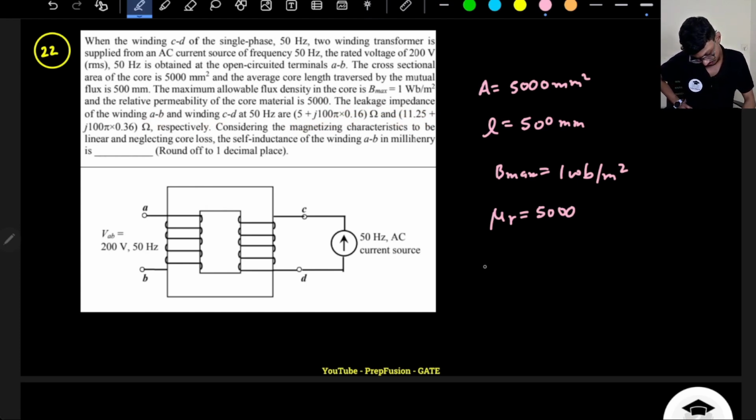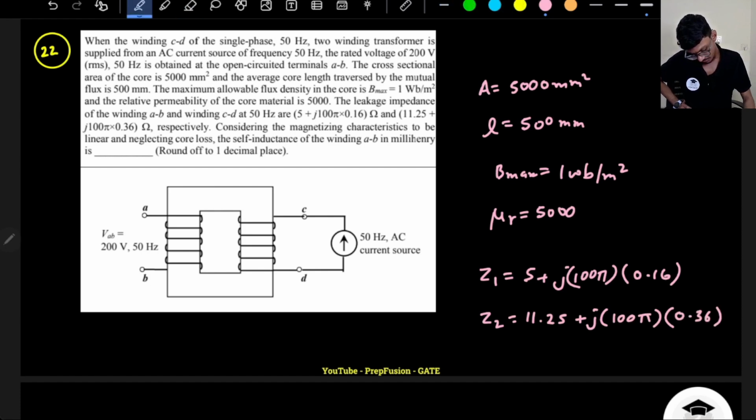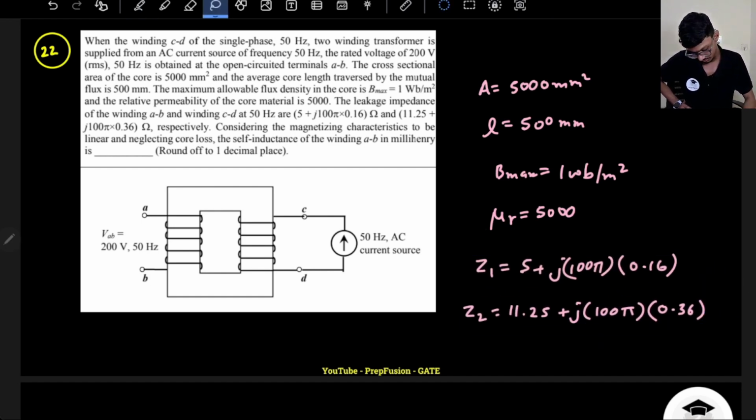So basically my Z1 is equal to 5 plus j100, that is omega, 2 pi f, into the leakage inductance value, and Z2 is equal to 11.25 plus j100 pi into 0.36. This is my Z2 basically.